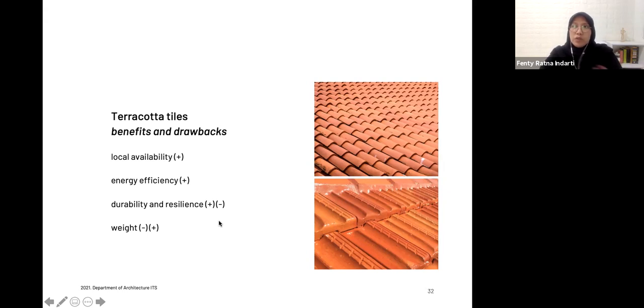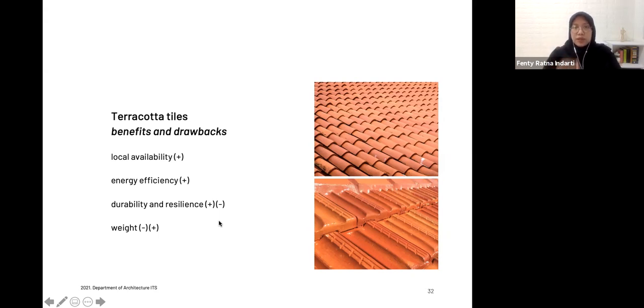And then also it's related to the craftsmen more. If you go all over Indonesia, not only in the city, try to visit a suburban area, then in those areas, they must be familiar with terracotta tiles rather than any other materials for roof cover.